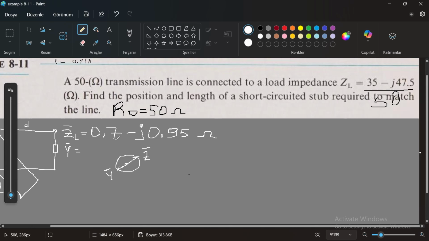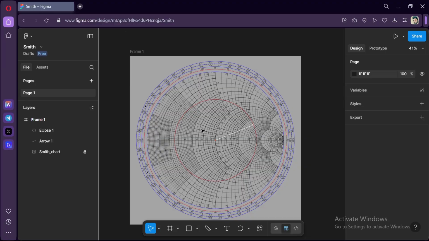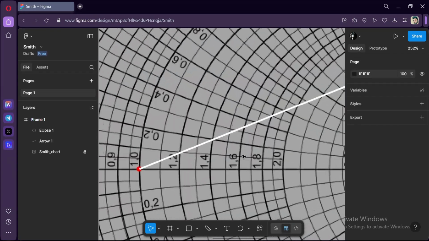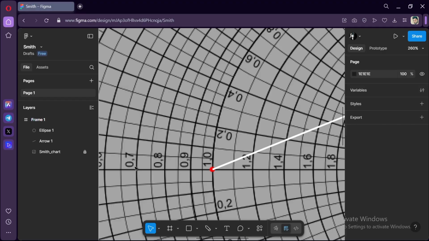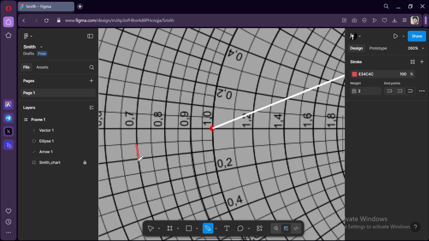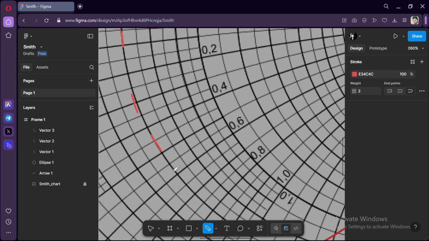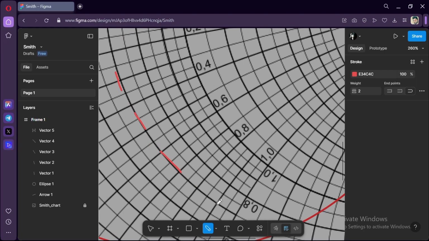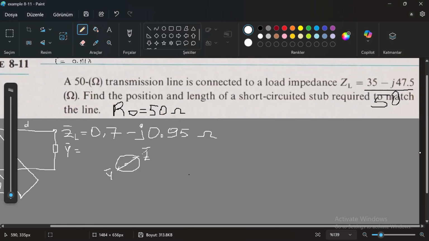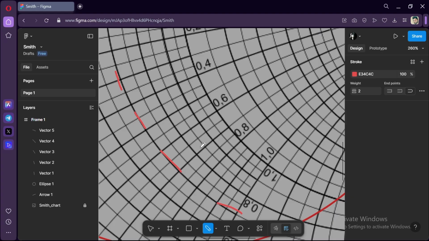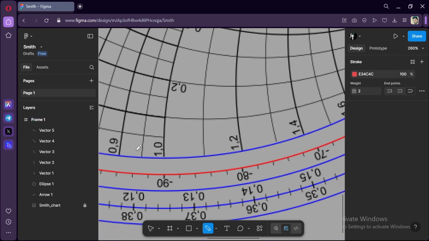Okay, 0.7 minus j. 0.7 here, minus j. It is minus j, so we need to go down this circle, and 0.95.